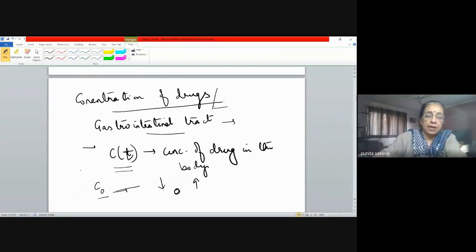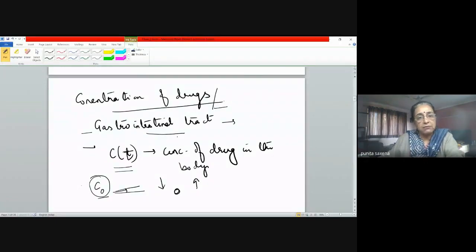Now C naught, as I was saying: we take any drug, for example an antibiotic of say 450 or 650 milligrams. The initial concentration in the body is C naught. As time elapses, the concentration decreases because after digestion from our stomach it gets passed on to various organs where it is required.